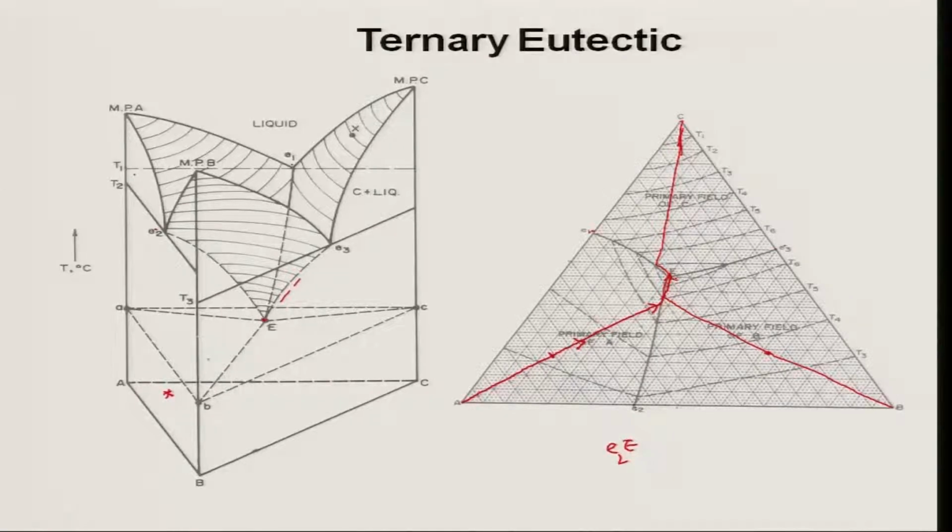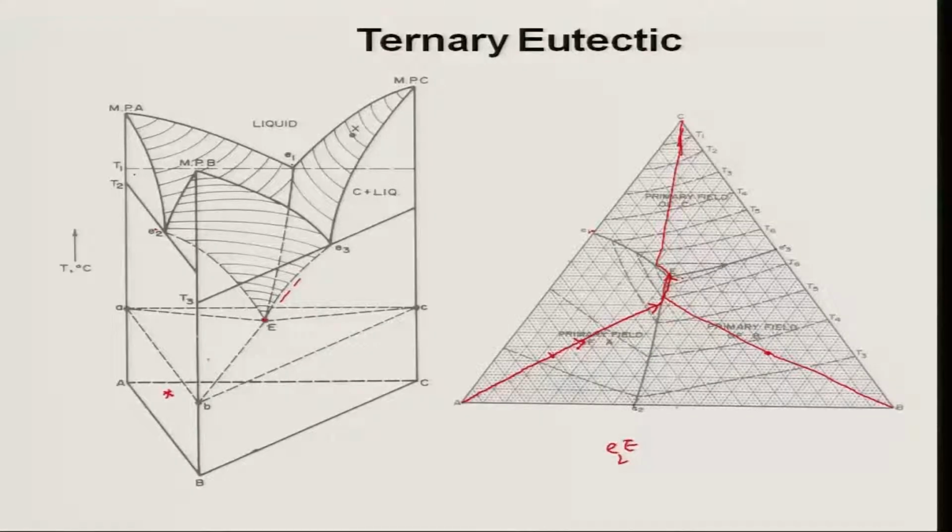So, there are three sets of alloy compositions which you have seen. All these alloy compositions will lead to formation of the ternary eutectic, but obviously other things will happen prior to the ternary eutectic reaction. In the first case, there will be nothing else: if the composition falls on point E, then only the ternary eutectic will form.